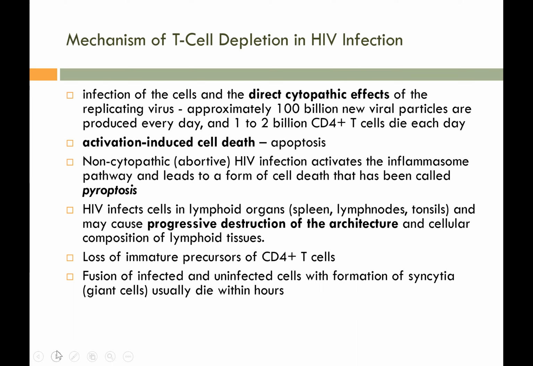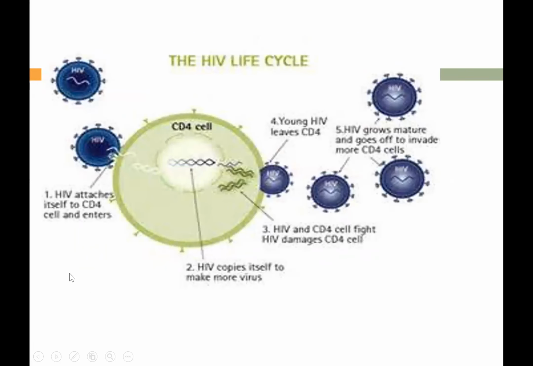As I have mentioned, they will die within a few hours. This is what we call syncytia formation. For this reason, this is often referred to as the syncytia-inducing virus because of its property. So these are the ways by which the virus depletes our CD4 T cells.